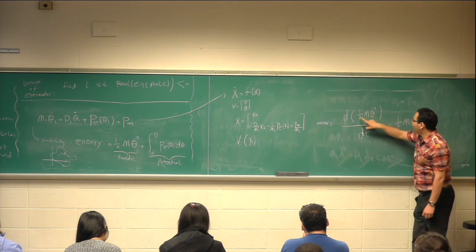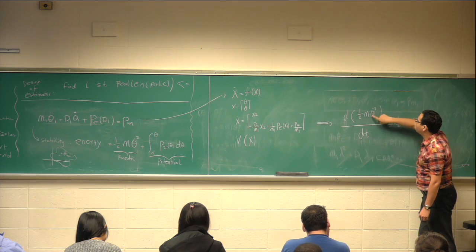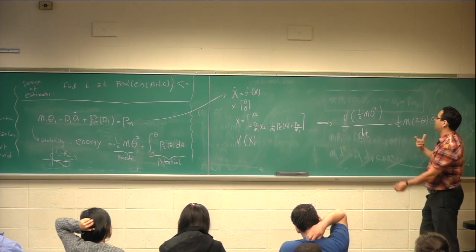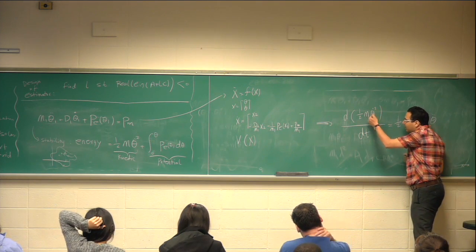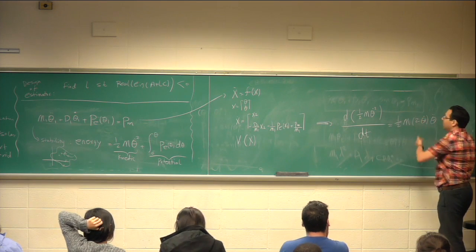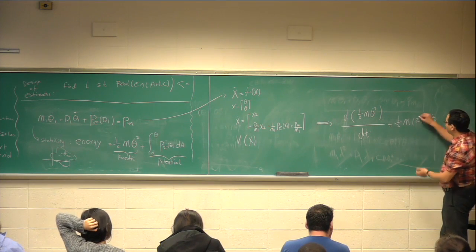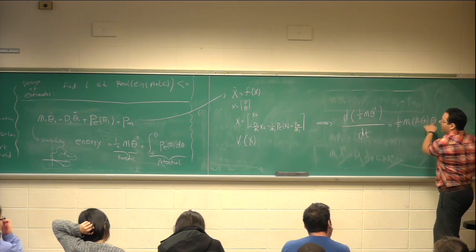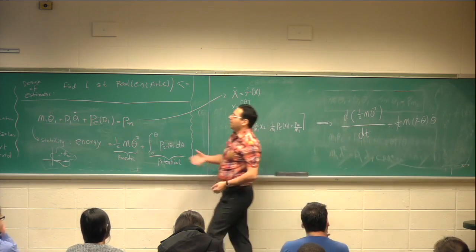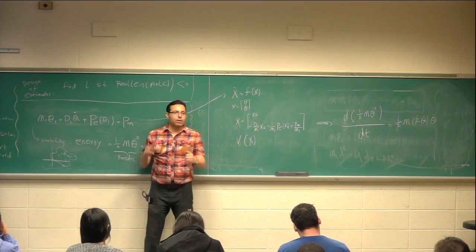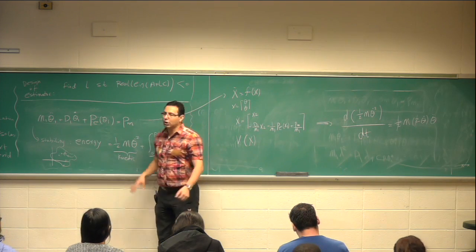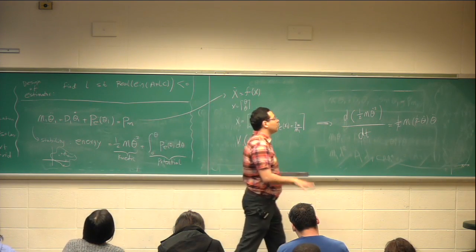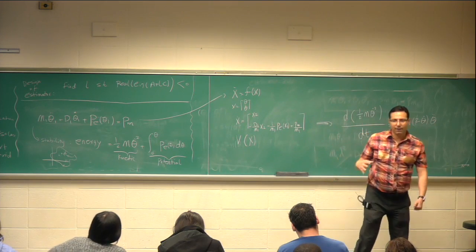So 1/2 m, x squared: the derivative of x squared is 2x, and then you get the derivative of x with respect to time, and that's theta double dot. And then this goes away. You got m theta double dot, and m theta double dot is related to an equation. So if you calculate the second term and add it up, it's easy to show that the summation is negative.